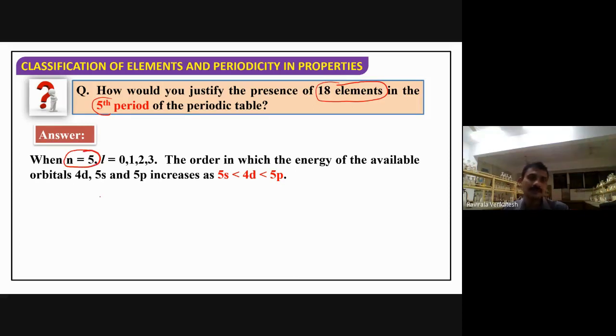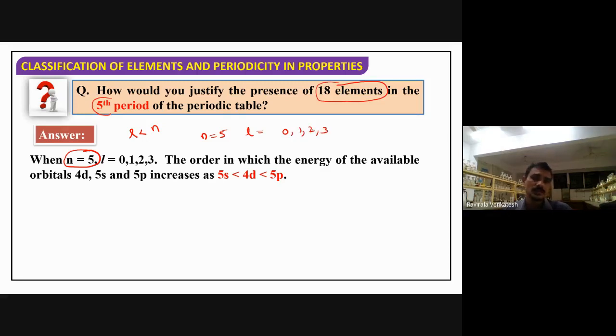Now what will be the l values? l will always be less than n. When n is equal to 5, the l values will be 0, 1, 2, 3.